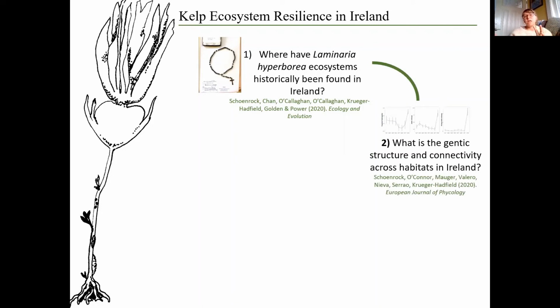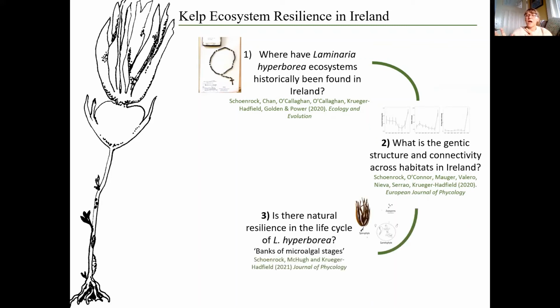We're interested in the evolutionary mechanisms of resilience that might be found in kelp. That means the genetic structure and connectivity across populations in Ireland, especially areas of rich genetic diversity that might be potential areas we need to look at conserving.